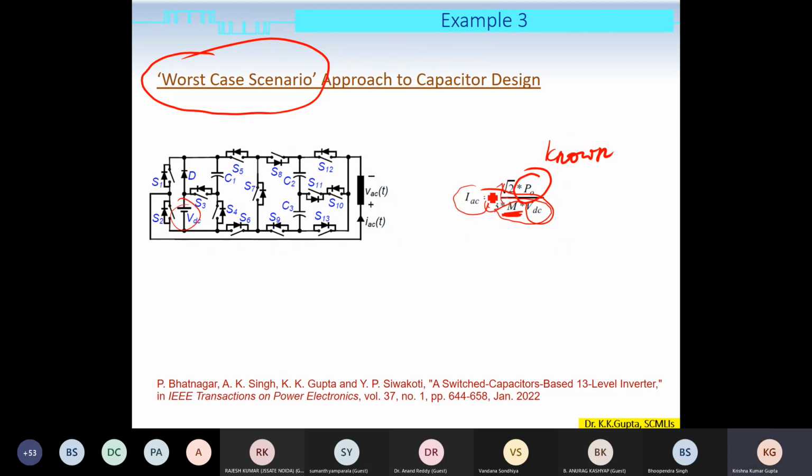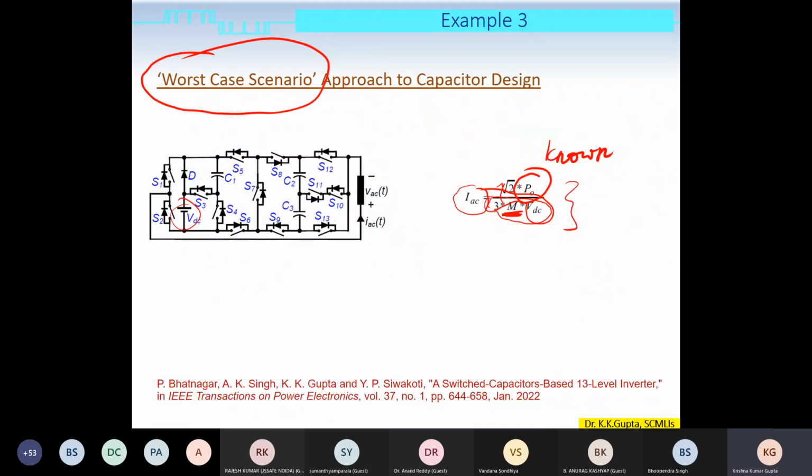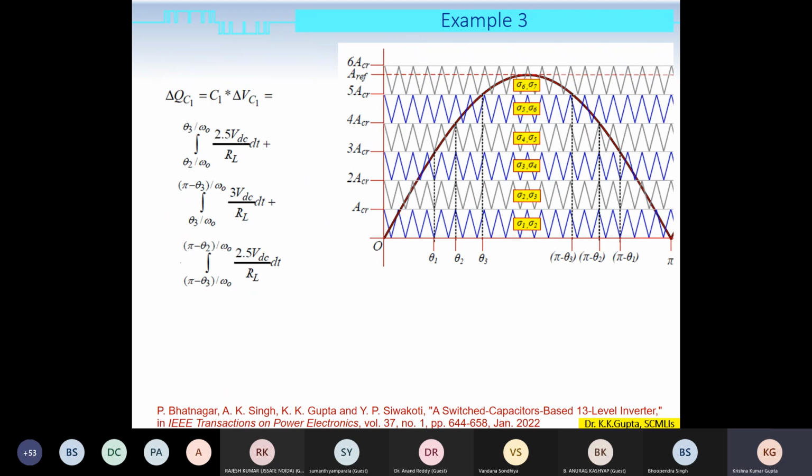So here we know the RMS value of the current. So this is how we can calculate the RMS value of current. This calculation is important because based on this we'll design the switches, right? So let us discuss the worst case scenario here.